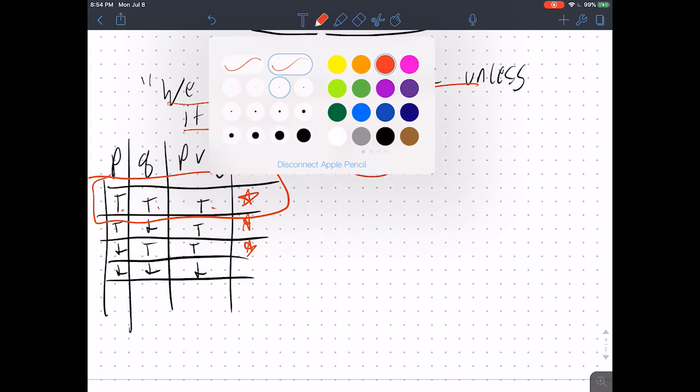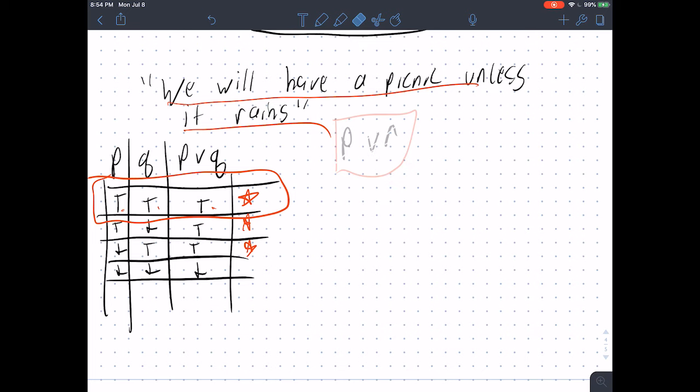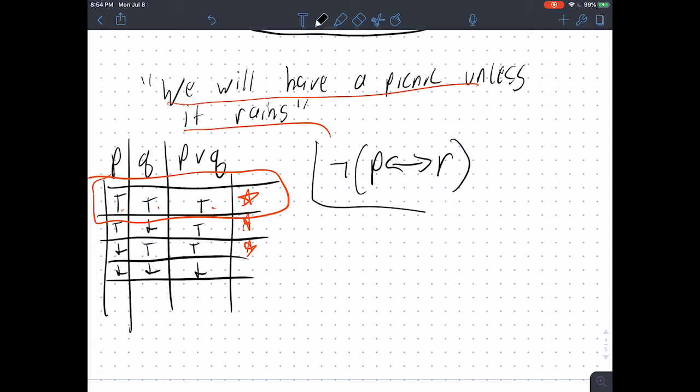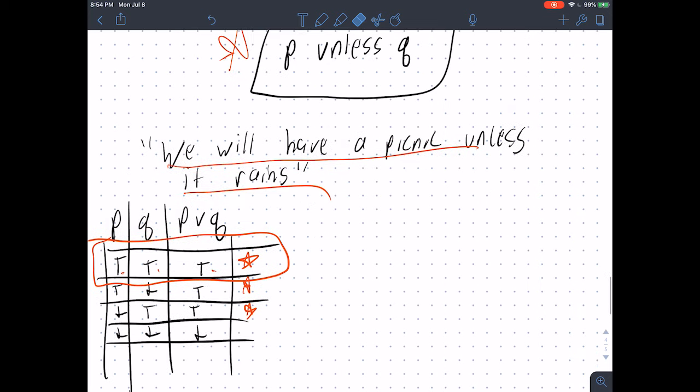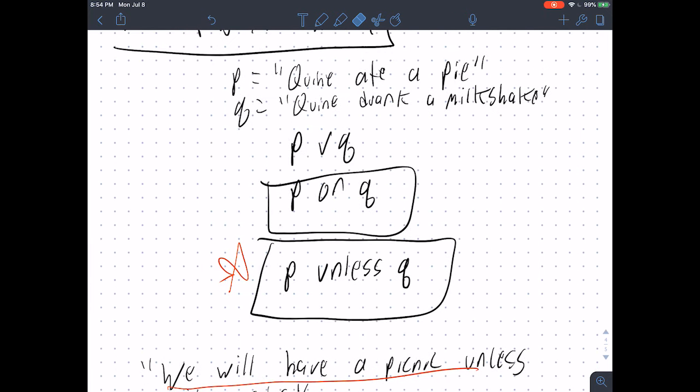If we wanted to translate this to what it actually means, we could do something like not P if and only if R, right? Because this will come out true as long as one of them is true but not both of them are true. I'm not going to do the full truth value analysis. But yeah, so aside from the fact that unless sometimes doesn't work, these are the only two ways in which you'll translate alternation. It's pretty straightforward.